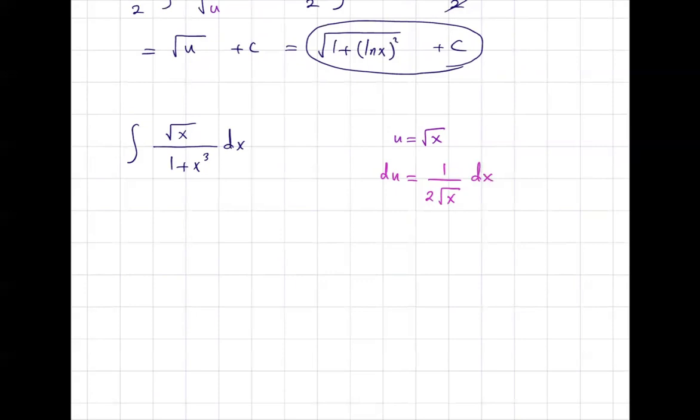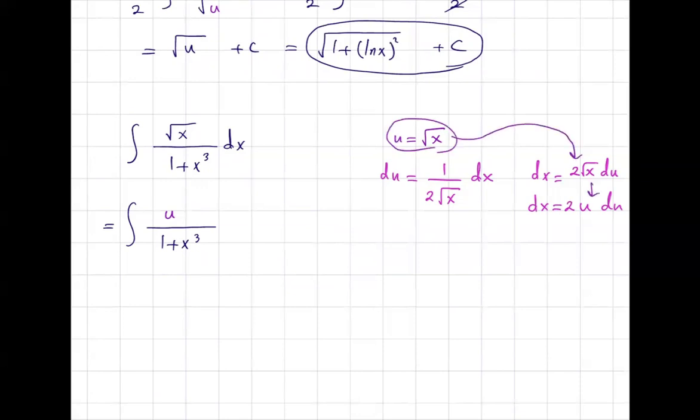So your dx can be written as 2 times square root of x du. So this integral in turn can be written as the integral of u divided by 1 plus x cubed, and for dx you have 2 square root of x du, which is basically 2u du. Take a look: dx can be written as 2u du because your u is equal to square root of x.